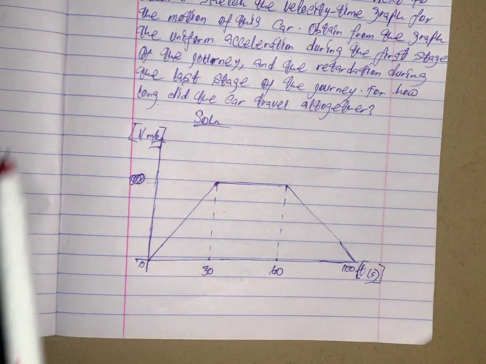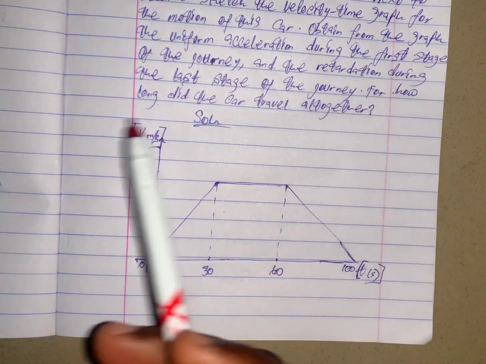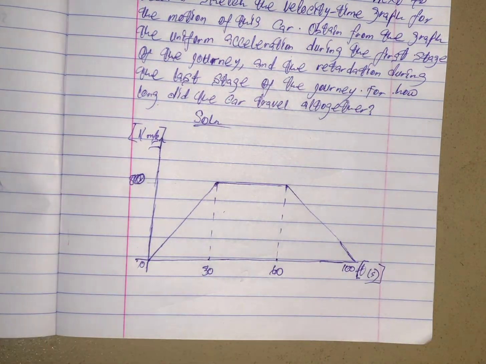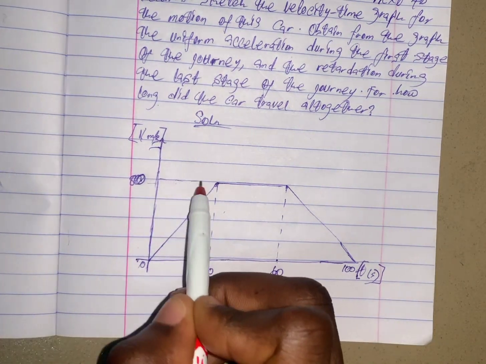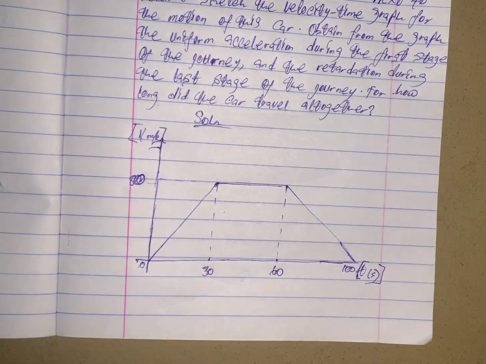Sketch the velocity time graph for the motion, and obtain from the graph the uniform acceleration during the first stage. Now, we have to obtain from this graph that we have drawn. We have drawn the velocity time graph, which was quite easy. And now we have to obtain the acceleration from this graph.